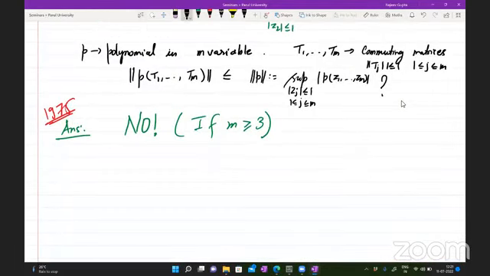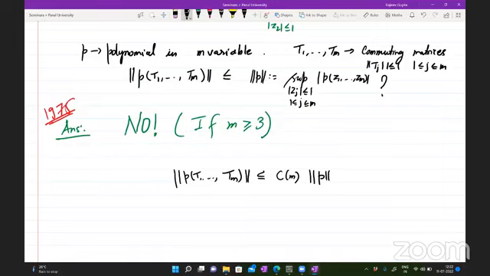Can we put a constant here depending on m? Okay, so let me just write it here. Okay, 1 is not working. Will 2 work, or will 3 work?